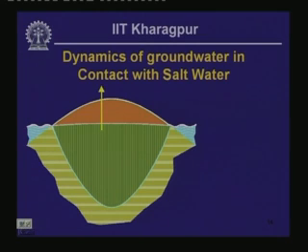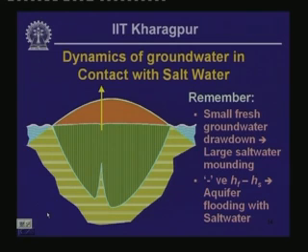So let's say we install a water well at some location within the land mass, within the land area, and we start dewatering. If we dewater leading to a slight lowering of the water table, a remarkable saltwater mound is going to form near the bottom of the freshwater wedge, and you can see that this wedge is much larger.